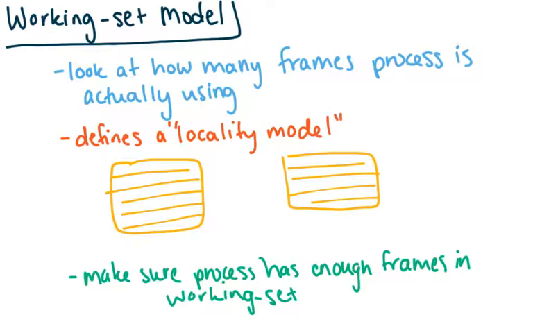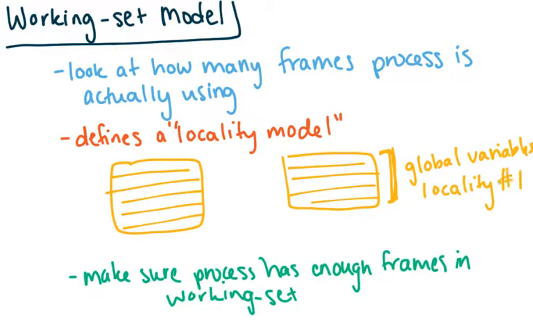So maybe this is global variables, and so all of the things that are messing with global variables in your code have been put into these pages, and now they're grouped together into a locality, and we'll call this locality number 1.